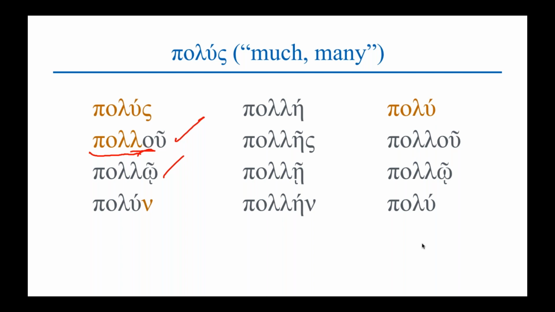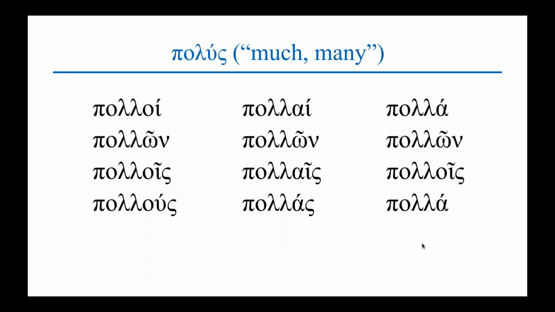This is an upsilon class adjective. And you can see it has a lot of similarities to the regular paradigm, but the omicron in several places has been replaced by an upsilon. And then it goes back to the omicron in plural.